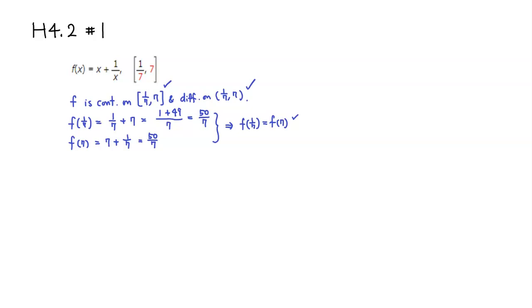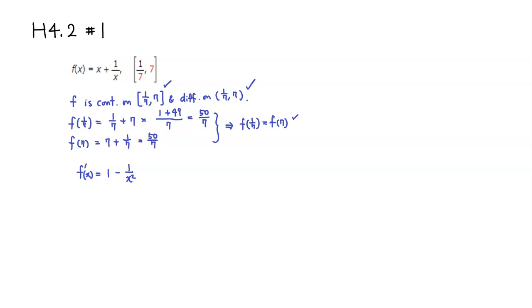All right, then we want to find c. First we have to take the derivative. So f prime of x: the derivative of x is 1, and the derivative of 1 over x is negative 1 over x squared. Right?